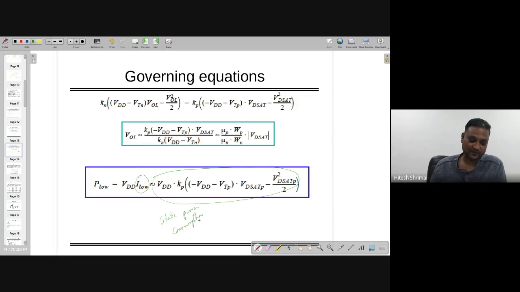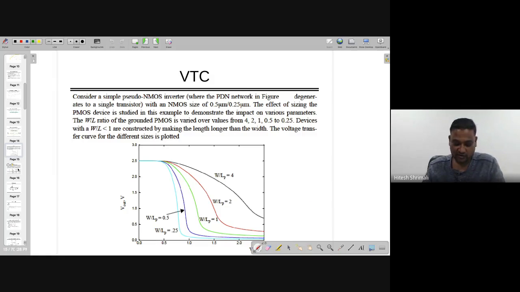Otherwise, a CL V squared term should also come when the load capacitance is much higher than the parasitic capacitance offered by NMOS and PMOS, right? Now let's look at the voltage transfer characteristic, VTC, given in the Rabaey book. The example says to consider a simple pseudo NMOS inverter, meaning this one. Here I'm keeping A, and I'm expecting A bar.